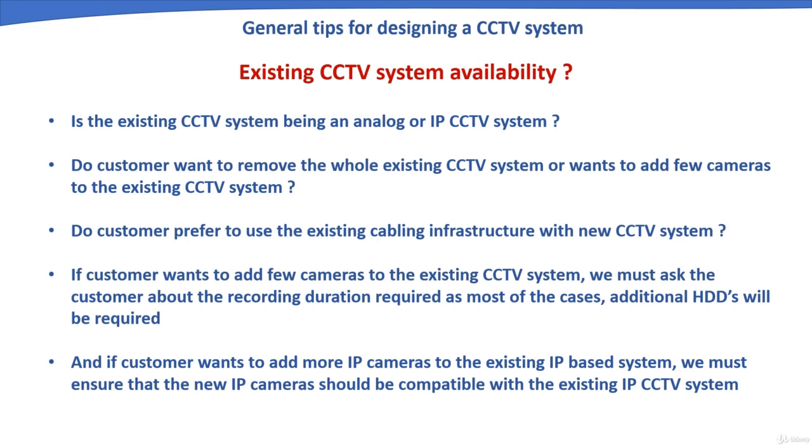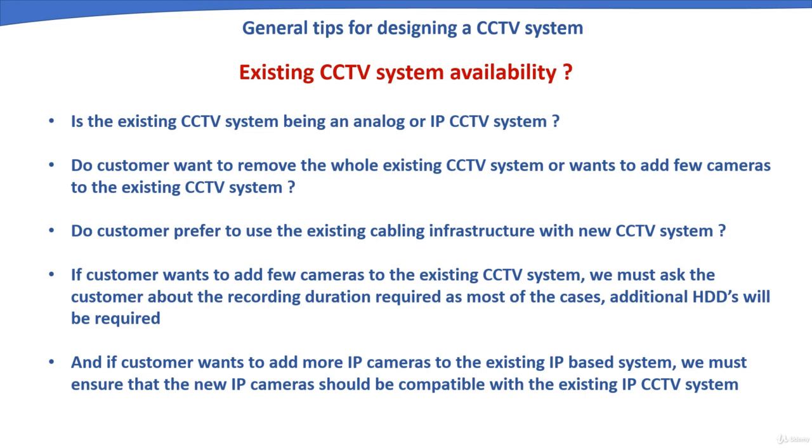Existing CCTV system availability. If a customer already has a CCTV system available, we should be clear about the following points. Is the existing CCTV system an analog or IP CCTV system? This will help a CCTV system designer to select the new CCTV system type, whether it should be an analog or IP based system. Second, does the customer want to remove the whole existing CCTV system or add a few cameras to it?